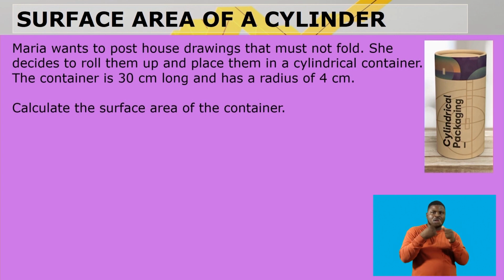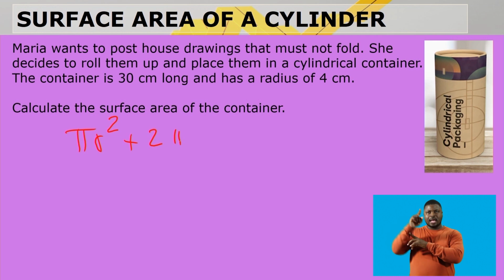So now what we are going to do is we are going to say, well, the surface area is going to be pi radius squared plus 2 pi radius times the height. Remember again, it's squared, not multiplied by 2.